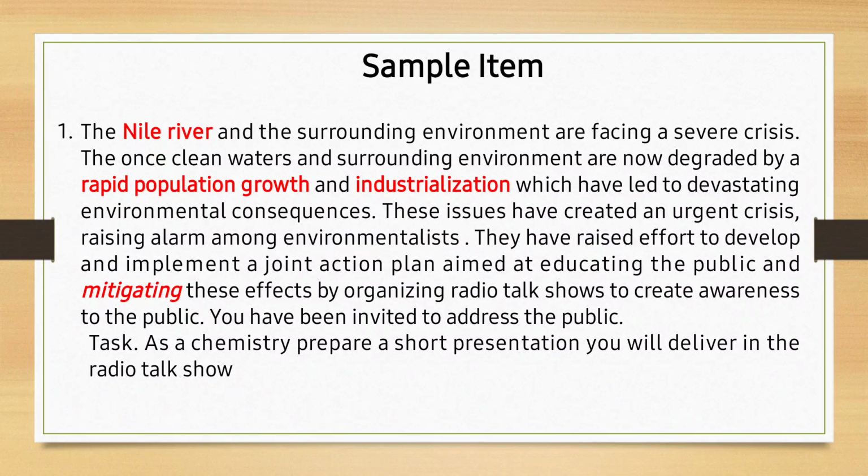These issues have created an urgent crisis, raising alarm among the environmentalists. They have made an effort to develop and implement a joint action plan aimed at educating the public and mitigating these effects by organizing radio talk shows to create awareness to the public. You have been invited to address the public as a chemistry learner.